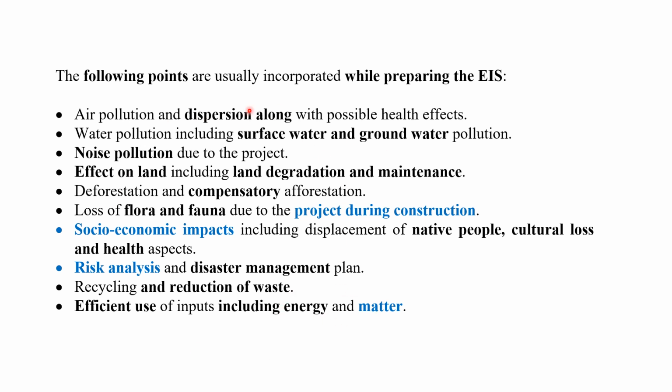So these parameters need to be studied during the EIA, environmental impact assessment, and it has to be placed in the form of a report, which is called the EIS, the draft EIS. Only after getting the feedback from the administration or from the local people, we have to go for the final EIS.